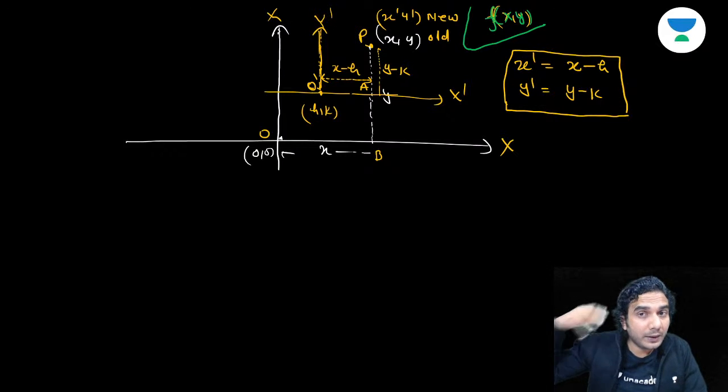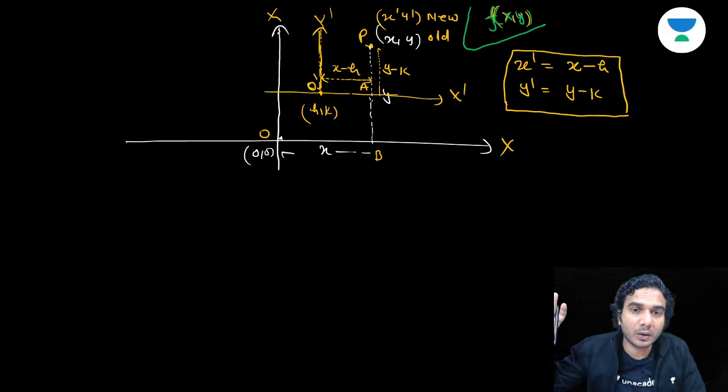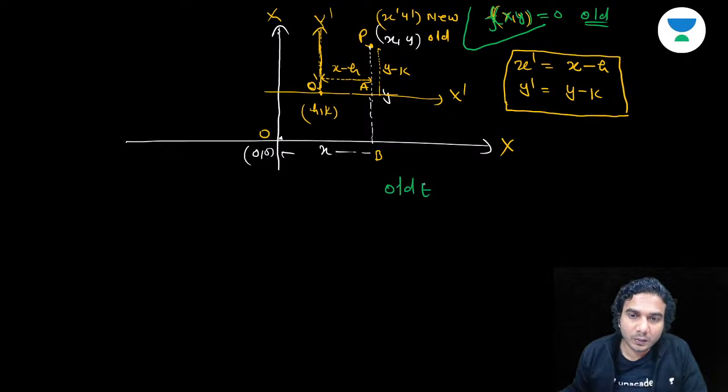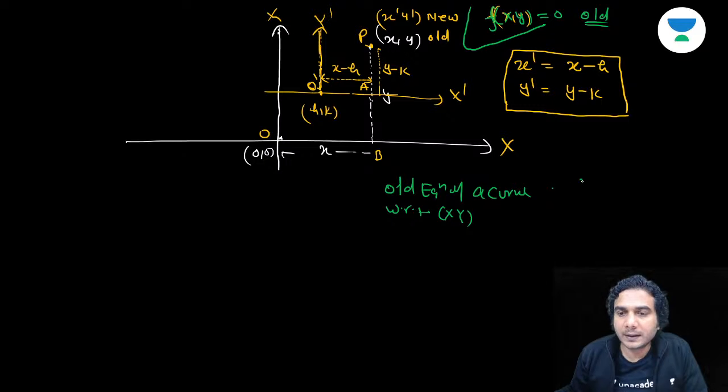Now suppose some equation is given in the original coordinate system, and he is asking for the new equation, because of course the equation will change, since the position of the curve is changing with respect to the origin. So what will be the new equation of this curve? This is the old equation of a curve, f of x comma y equal to 0.